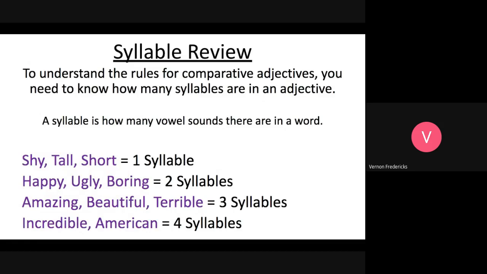Beautiful, three syllables. The third adjective in the three-syllable tier is terrible. These are the three vowel sound adjectives.